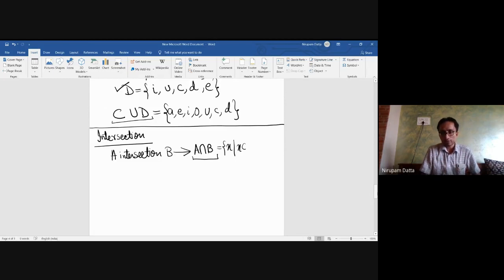X such that X belongs to A and X belongs to B. That means X should be such an element of this intersection set, that is, it should be common to both A and B. So all the elements of this set A intersection B should be common to both A and B.